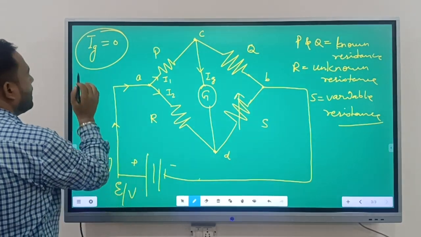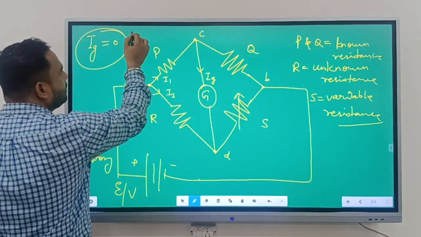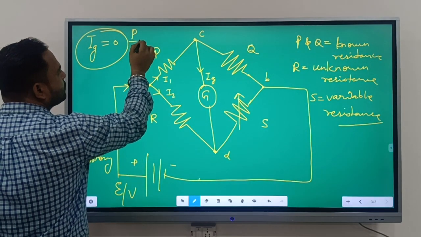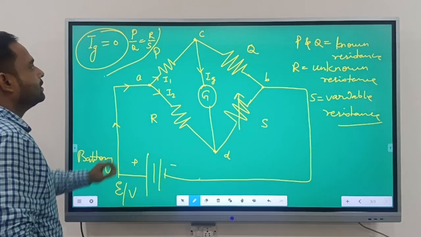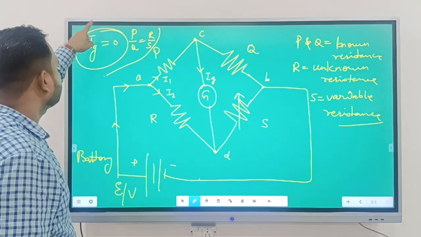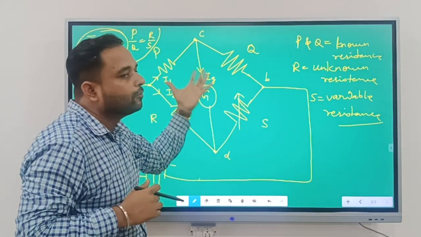And the circuit should then satisfy P by Q is equal to R by S. We assume that, and we will go further to prove that.